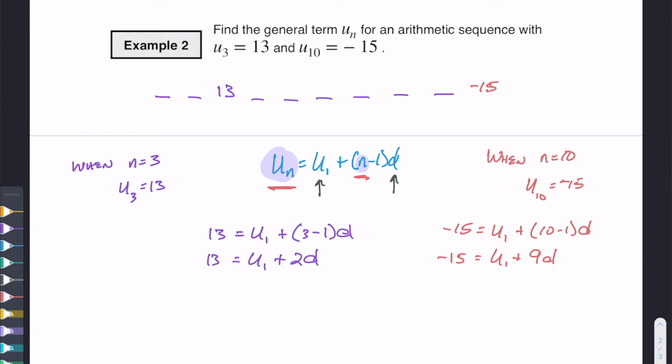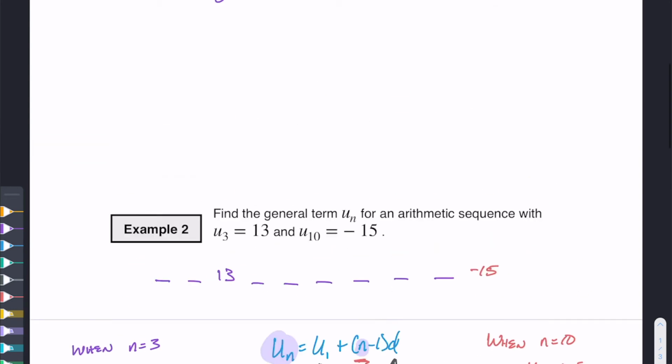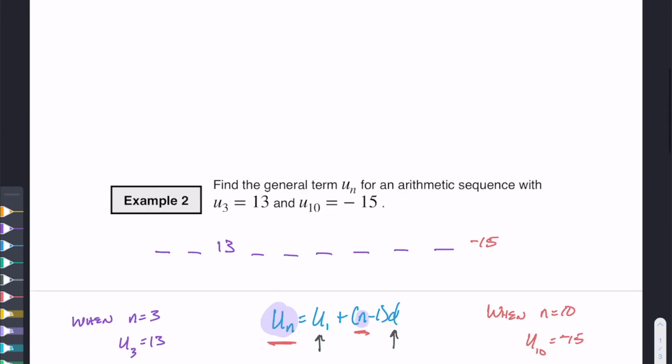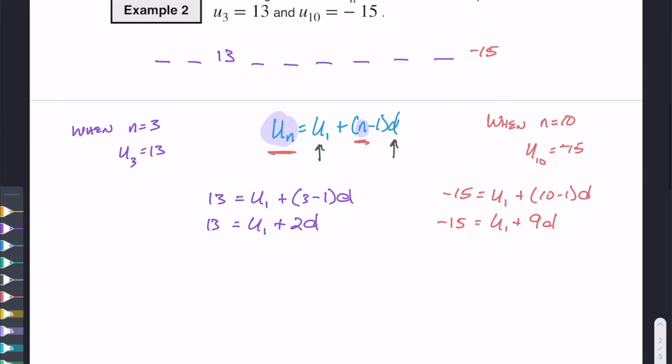So I could do elimination, I could do substitution. Now, since this one doesn't have a variable or a constant attached to it, what I think I'm going to do is get u of 1 isolated, and create a system of equations of substitution just like I did up here, right? If I've got both sides equaling u of 1, I can do the same exact thing as I did in the previous example.